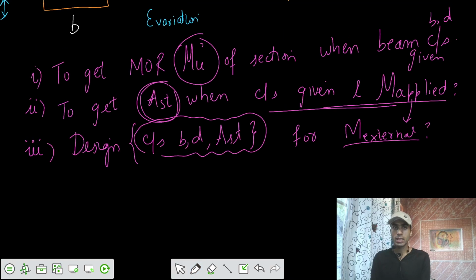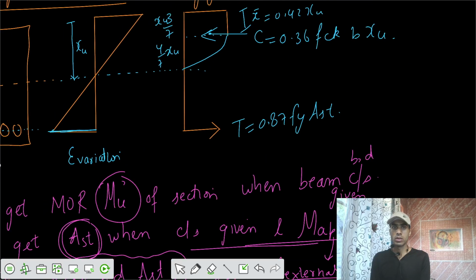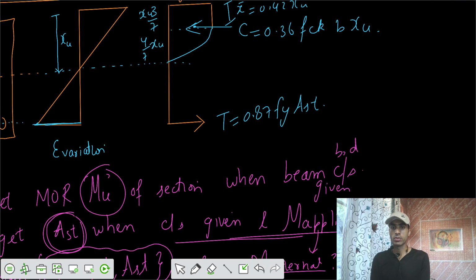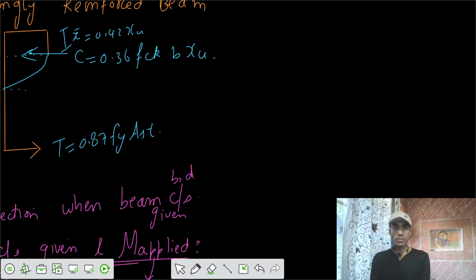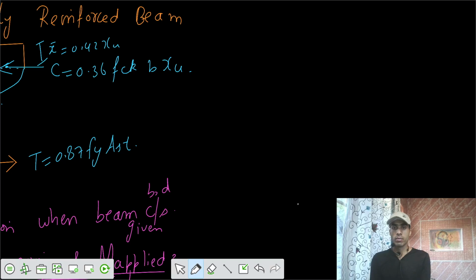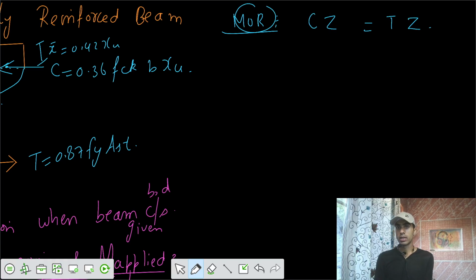Let's take the first one, the moment of resistance of the section when B and D are given, that is the width of the section and the effective depth of the beam. When we want to find the moment of resistance of the section, the resistance towards external bending moments, it equals C into Z, or we can equate it with the tensile force T into Z, the lever arm.